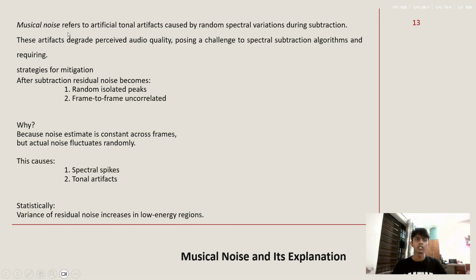Now, another term is introduced over here, which is musical noise. It refers to an artificial tone caused by spectral variation during the subtraction. Now, this noise degrades the audio quality, which becomes a threat to the spectral subtraction algorithm.